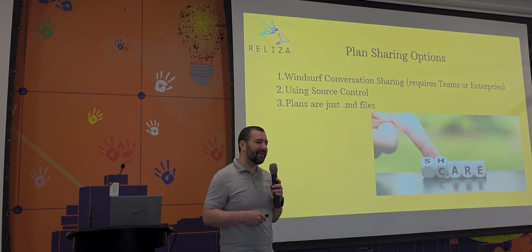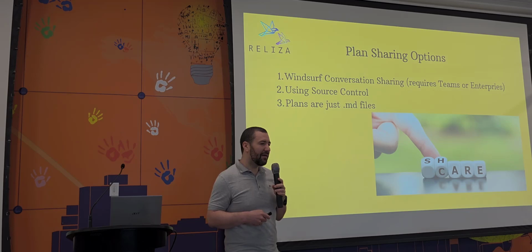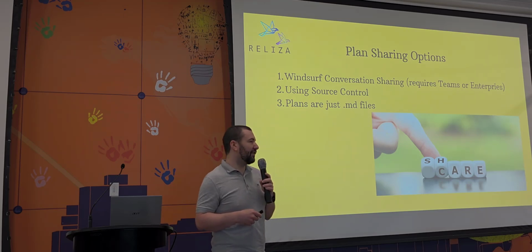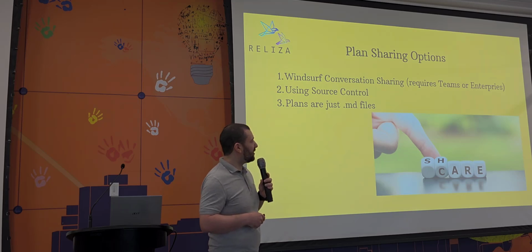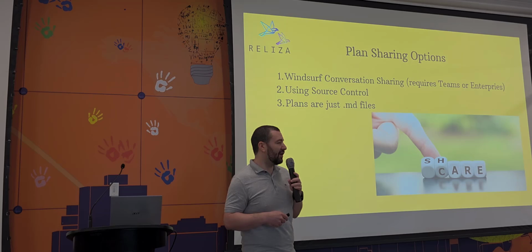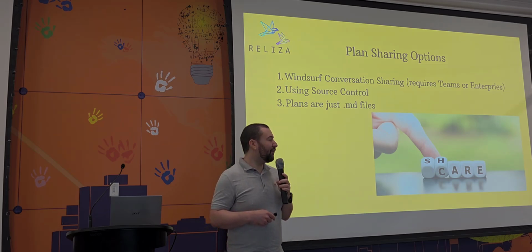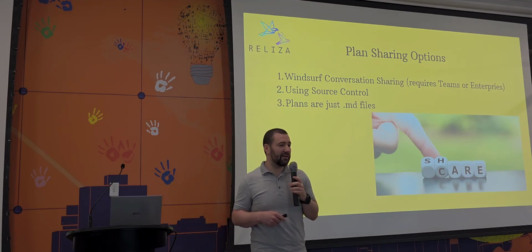Yes. How does it handle conflicts in case of plan sharing? If you say a task is done, but maybe your colleague says no, this is not done. Okay, so the question is how it handles conflicts for task sharing. For conversation sharing, I actually haven't tried it, but the documentation says it may not work very well. For Git, what we're doing is just the standard Git mechanism.